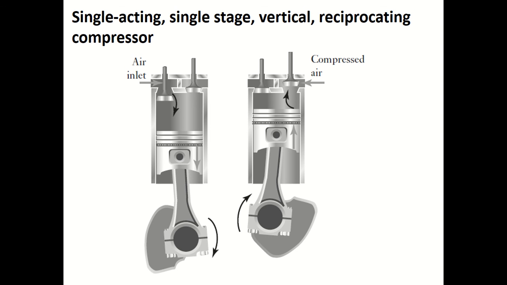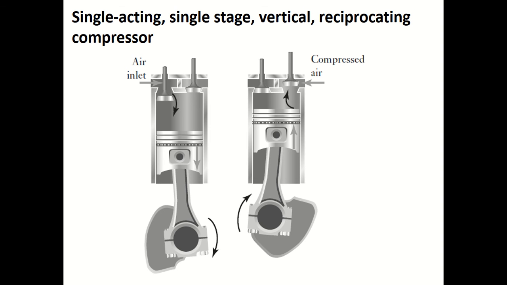Double acting compressors produce pulses of air on both up and down strokes of the piston. It is also called single stage because the compressor goes directly from atmospheric pressure to the required pressure in a single operation.